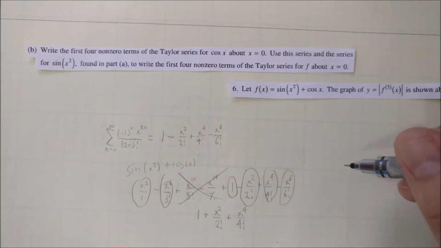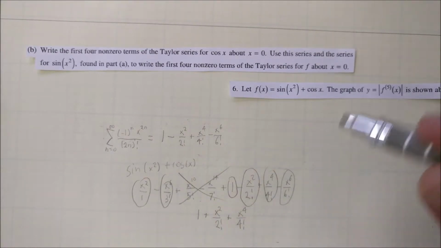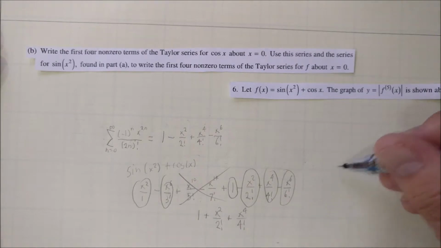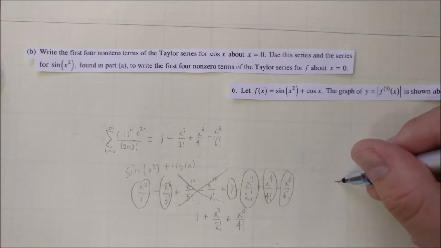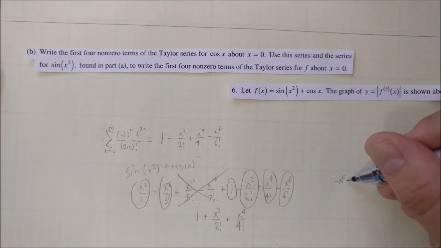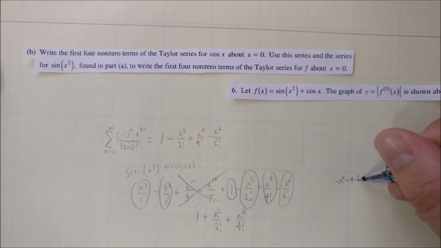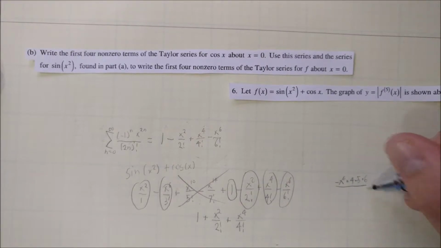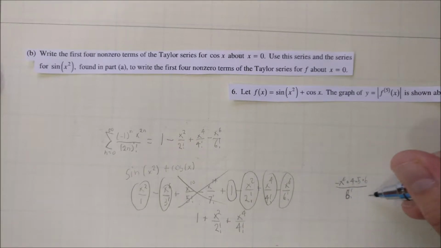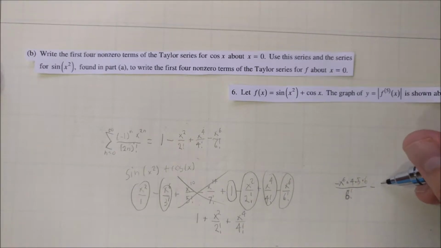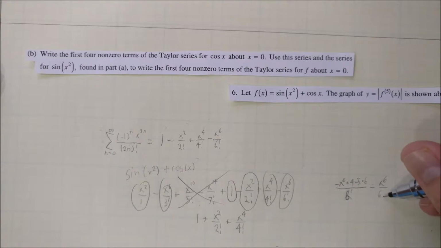But then, how do we add this 3 factorial and this 6 factorial? We just have to play around with the fractions a bit, because negative x to the 6 over 3 factorial can be rewritten as negative x to the 6 times 4 times 5 times 6 over 6 factorial, and then minus x to the 6 over 6 factorial.